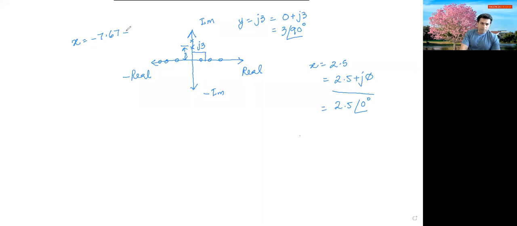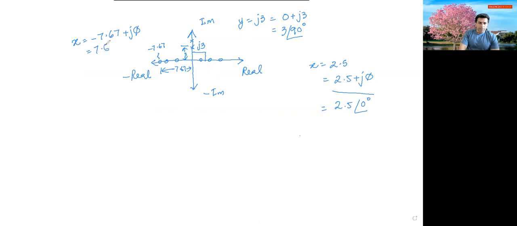First of all, in Cartesian form, you can write this as negative 7.67 plus j0, because there is no imaginary component. And in polar form, how are you going to represent this? What is the magnitude of this number? 7.67. That is the length of this vector. Let's say this value is negative 7.67 right here, so the length of the vector is 7.67.